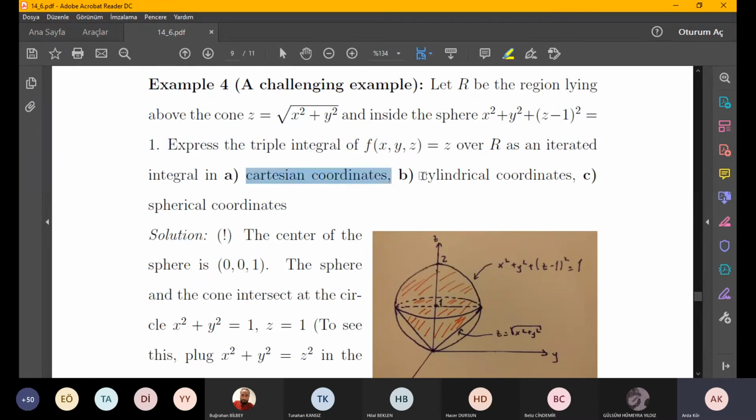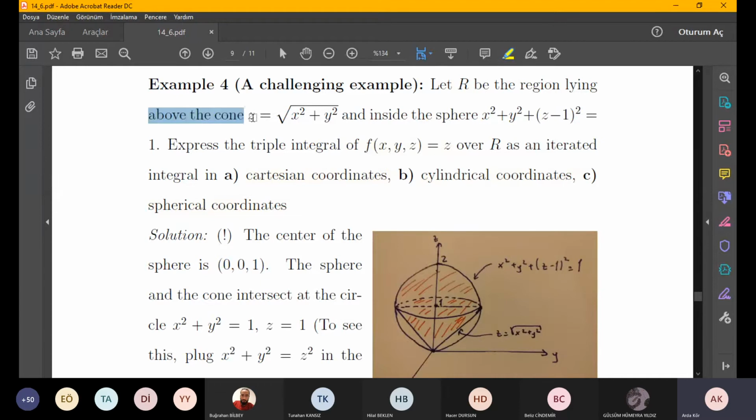We try to express the triple integral of any function f(x, y, z) over R, where R is the region lying above the cone and inside the sphere. But we just focus on the sphere.